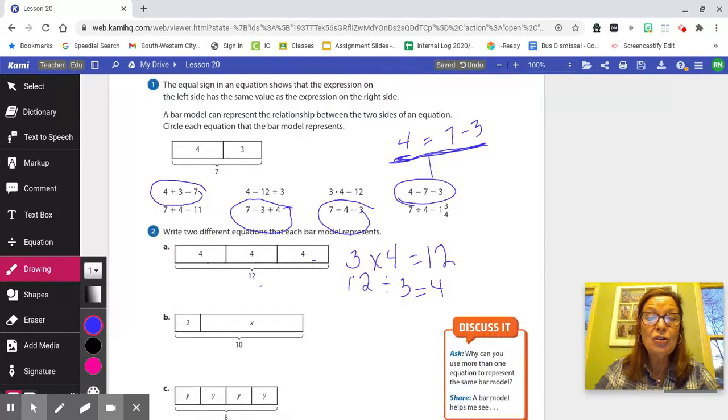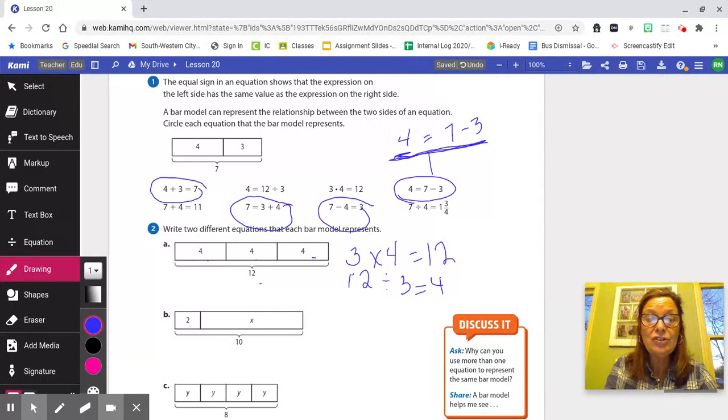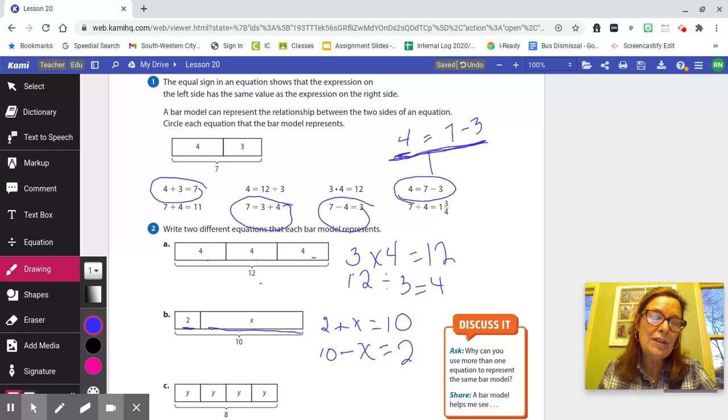For number 2, hopefully you saw that this would be 2 plus x equals 10, because this plus this amount, even though we don't know what it is, is equal to 10. So that means if I had 10 and I took away the x, I would have 2. Now you could have written these in other ways, but these are possible examples.